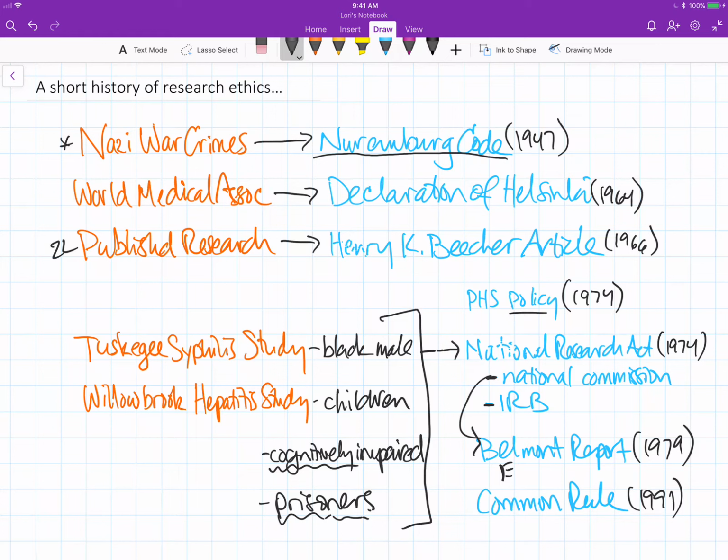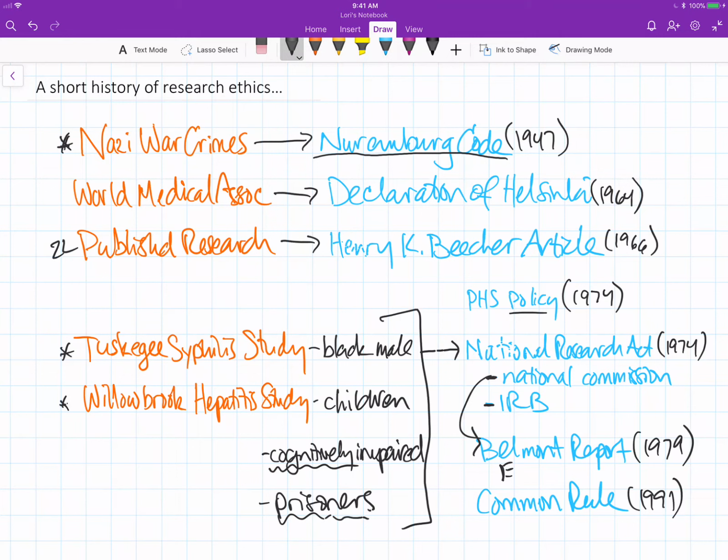Obviously, each one of these could be a major area of study. The kinds of things that probably would show up on some kind of certifying exam for public health would be thinking about the Nazi war crimes, the Tuskegee syphilis study, and the Willowbrook hepatitis study.